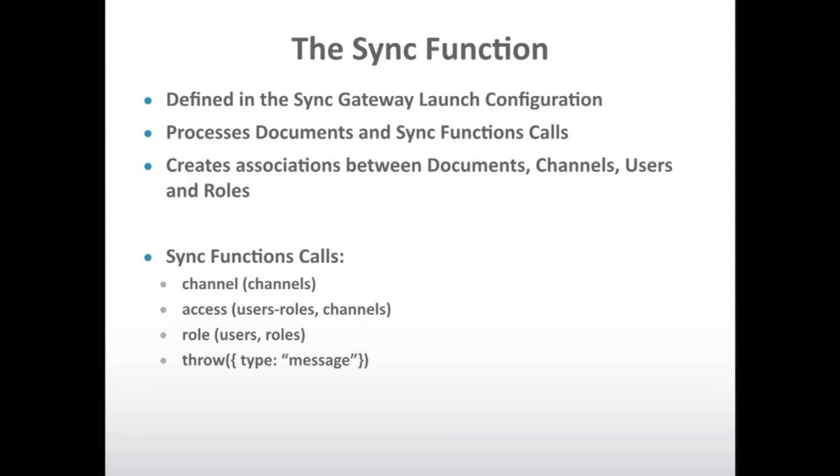If you want to ensure that certain conditions are met, a throw command will throw out that document and won't save it. As a form of validation, it will not allow any modifications to Sync Gateway or the channel's access or roles because it didn't meet some validation criteria.